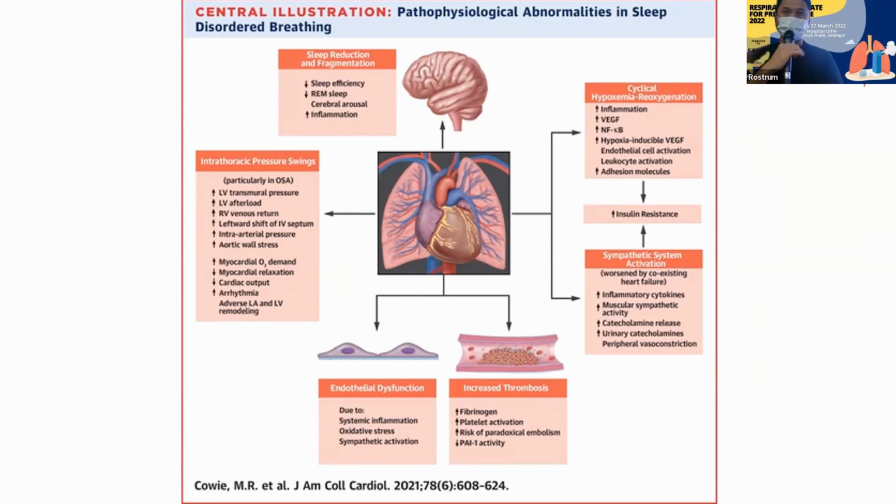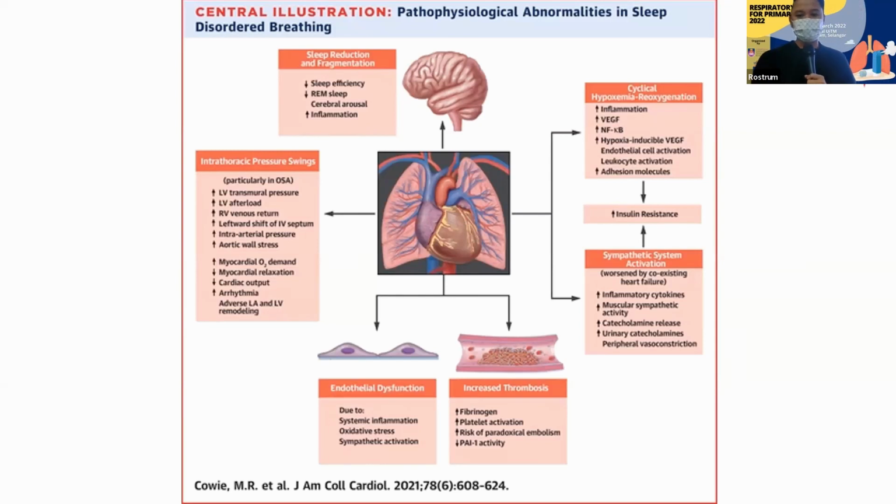In OSA particularly, the intrathoracic pressure changes cause stress on the normal cardiac structural function, like increase in left ventricular transmural pressure, increase in LV afterload, increase in RV venous return, and all this ultimately leads to adverse left atrium and left ventricle cardiac remodeling.